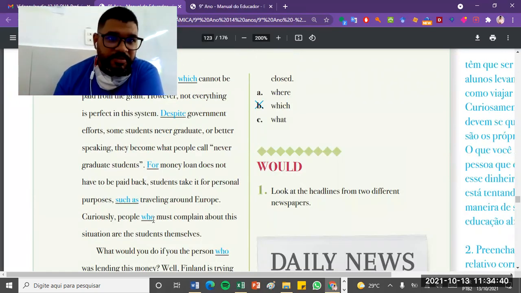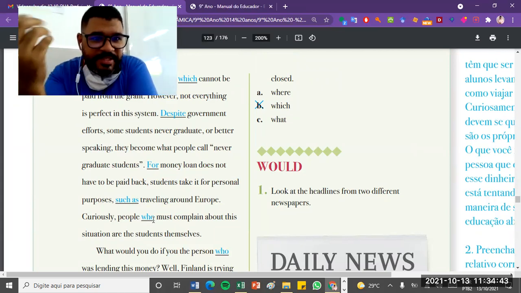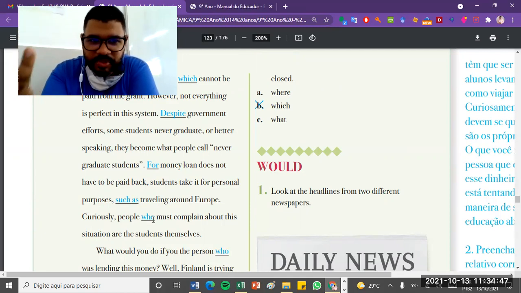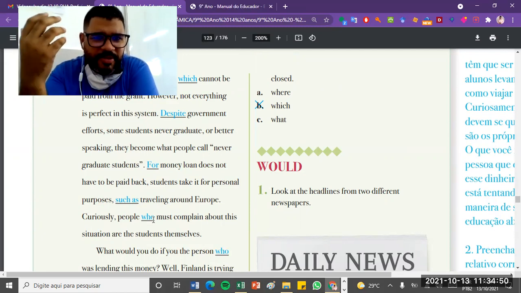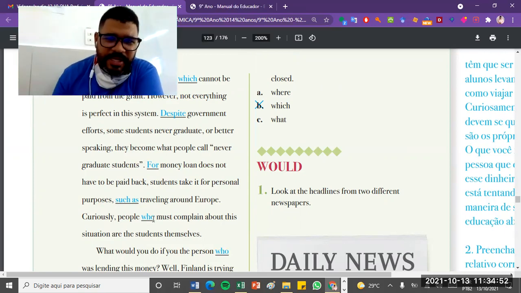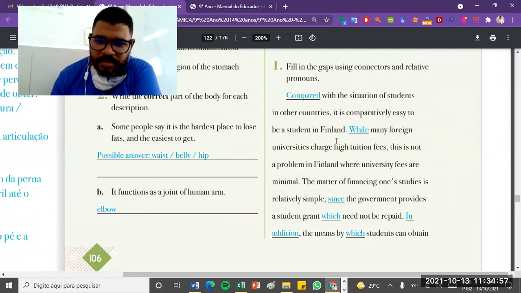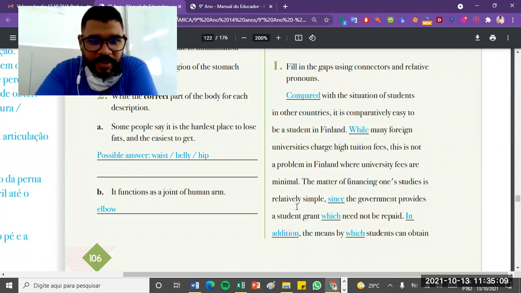Wow, sometimes you can't pay. You ask for the money, you travel to this country, and you do a thing like this. Let's try to understand better. You see? You have to repay the country. You repay the country from which you borrowed the money. But sometimes you do not graduate. How do you do that?